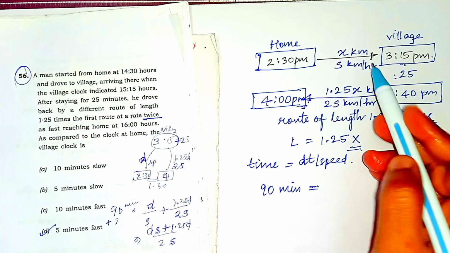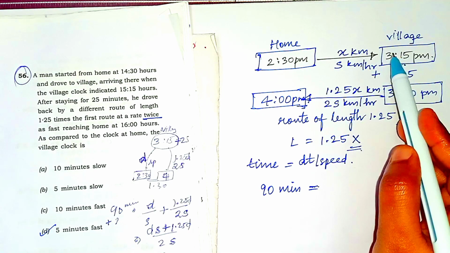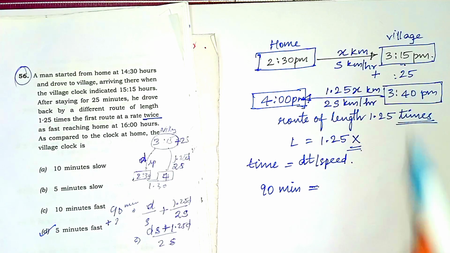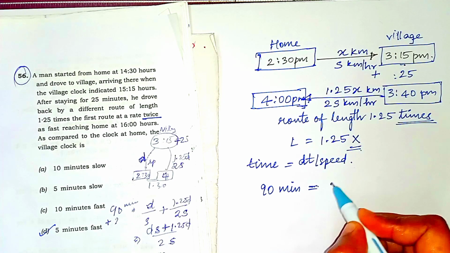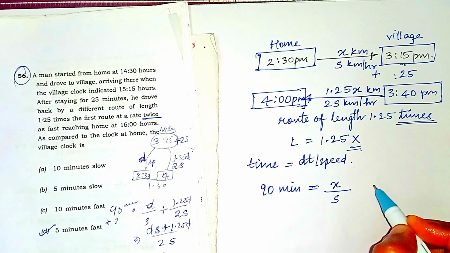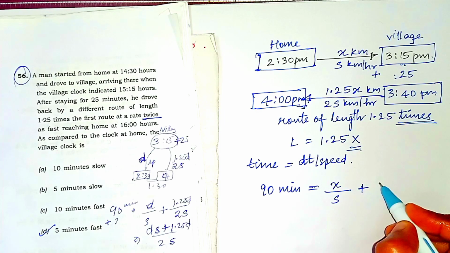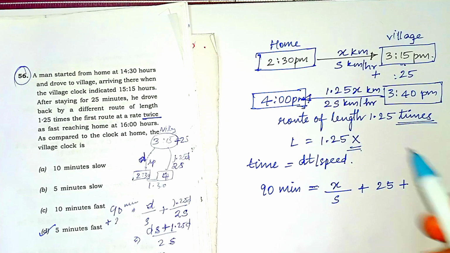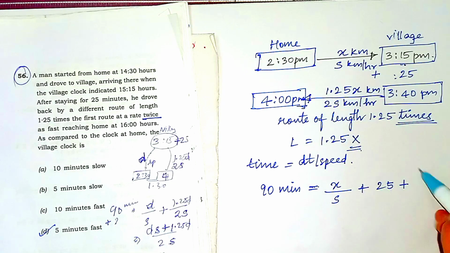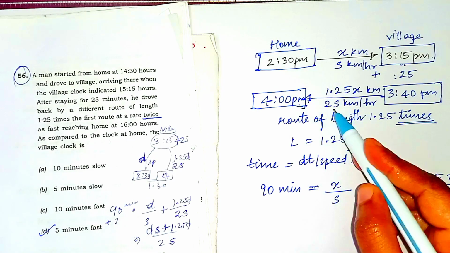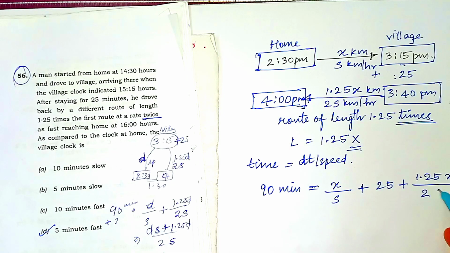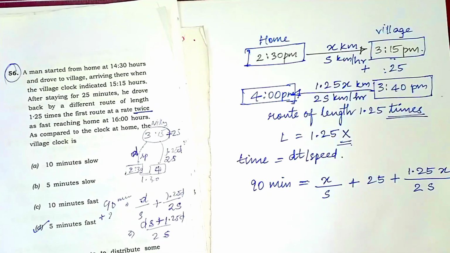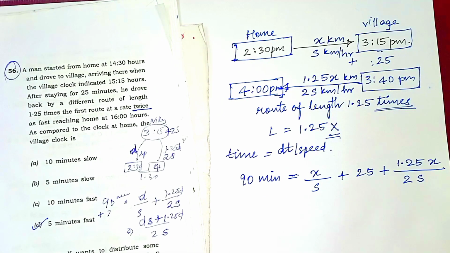The first information is home to village distance and speed, which is x by s. Then he stays for 25 minutes, so we are adding 25, plus he is returning back with this information, 1.25x distance by 2s, twice the speed. Hope this is clear.